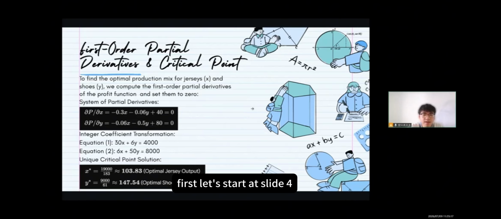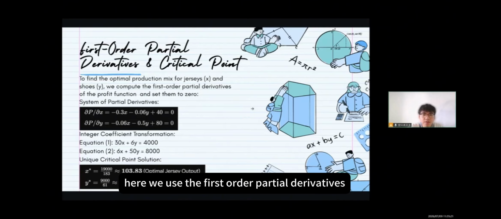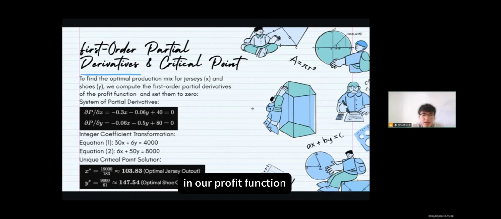First, let's start at slide 4. Here we use the first order partial derivatives to find our target production numbers. In our profit function, X is jerseys and Y is shoes. To find the highest profit point, we set both partial derivatives to 0.